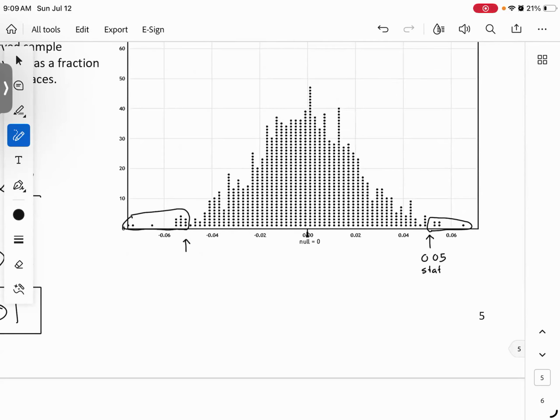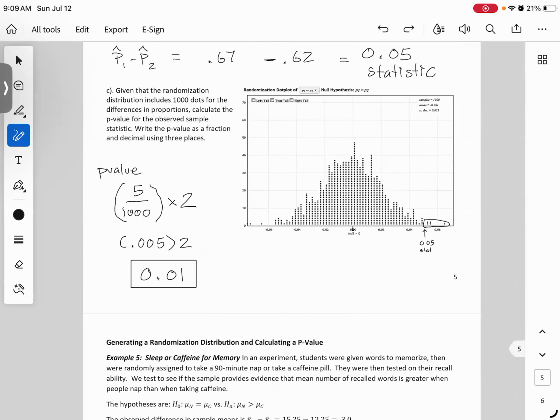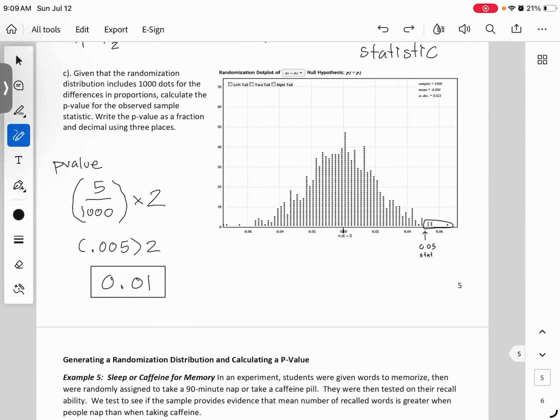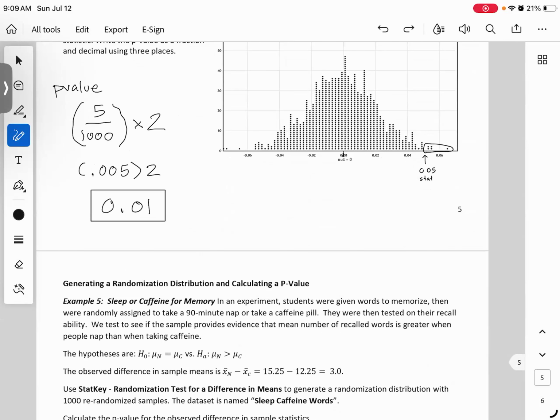That would be the same thing as doing both tails, but in that case you wouldn't need to do times 2 since you already counted both tails. Again, that's totally optional. Most of the students and myself find ourselves just doing it the way the authors would do it, and so you'll see some of these two tails pop up every now and then.